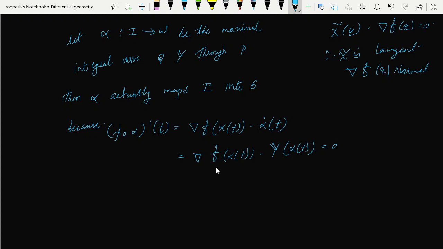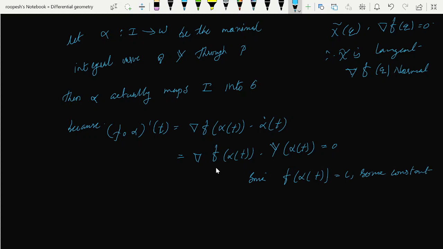Reason is, since F of alpha of t is equal to c, some constant, its derivative should be 0.